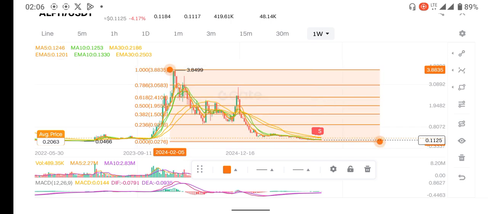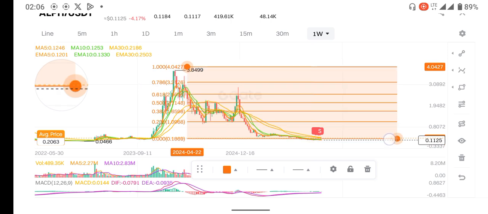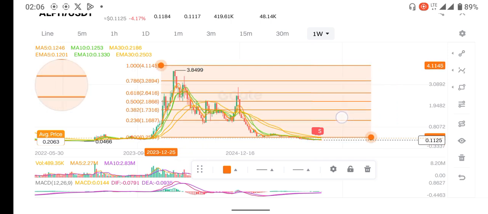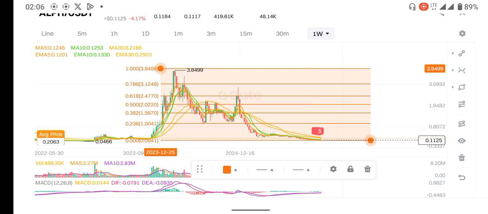So at 78.6%, we have 3.1248. And then at 61.8%, we have 2.4770. At 50%, we have $2. And then at 100%, we have 3.9499.